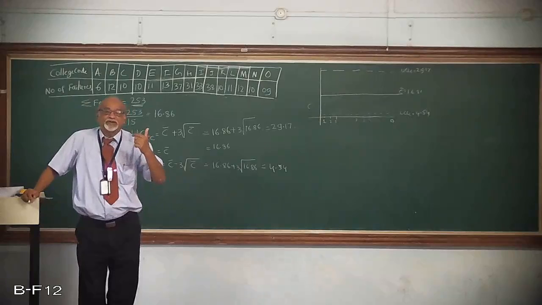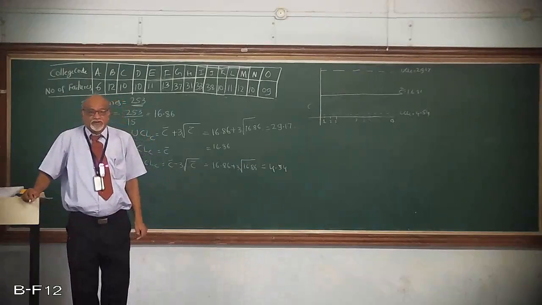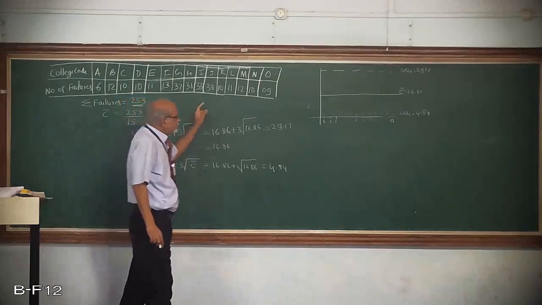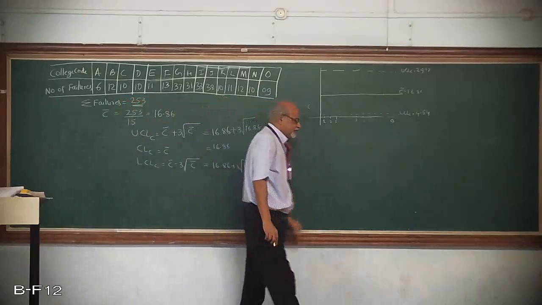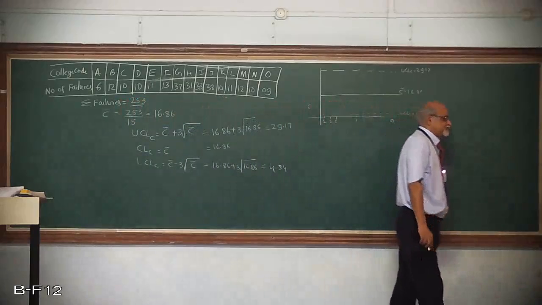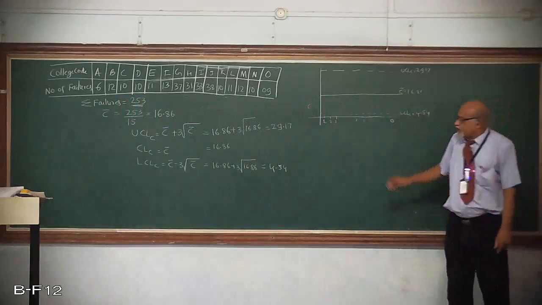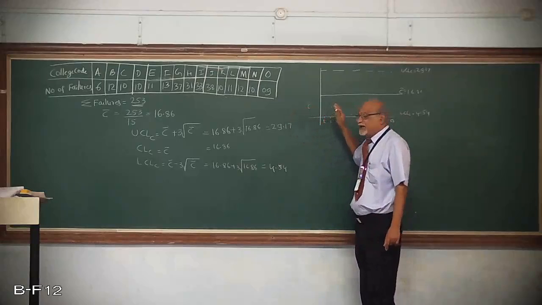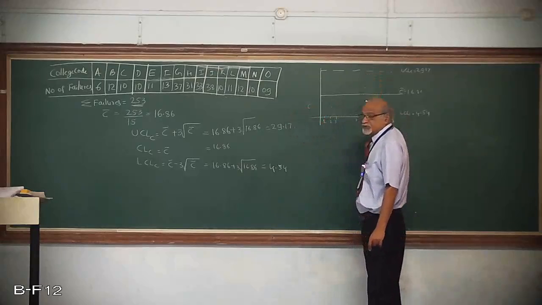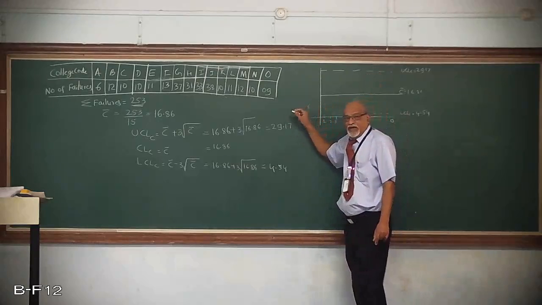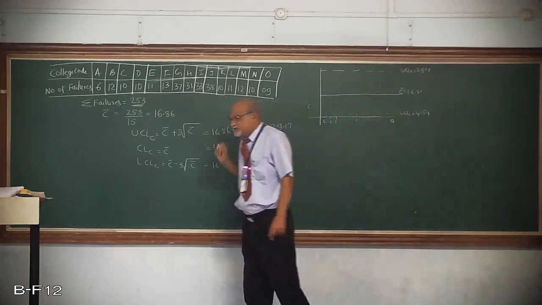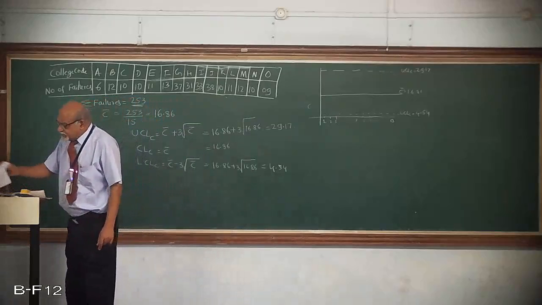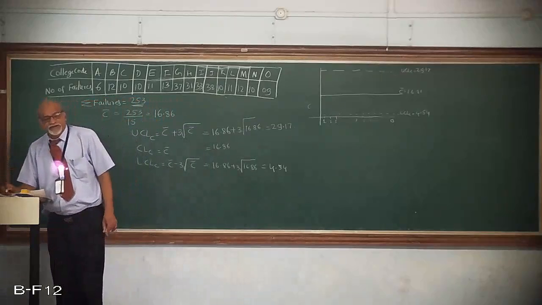Again, the other universities. Now we have answered this because we have identified correctly the control chart, found out the control limits, plotted, and identified the defective colleges, or whatever we can say.